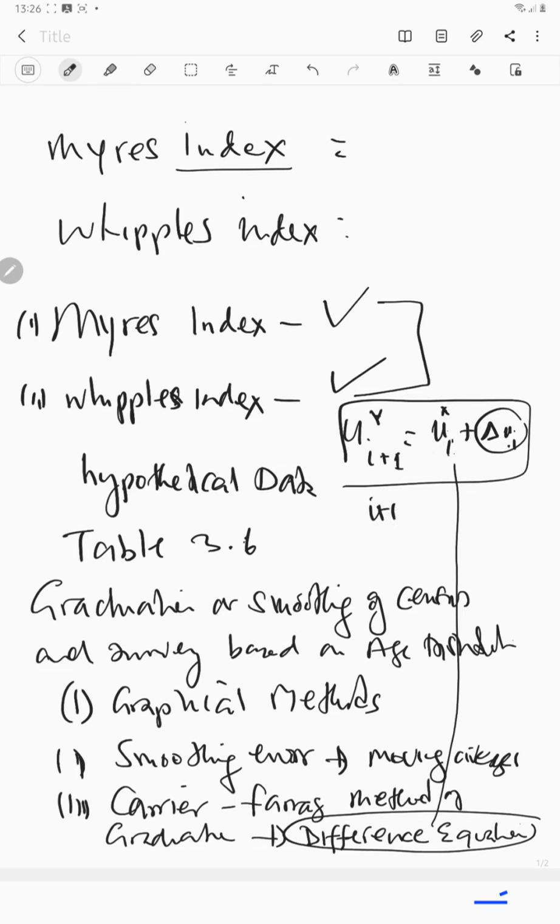So I want, again, with your friend, to look at this Carrier-Farrag method of graduation and how it is applied in context.